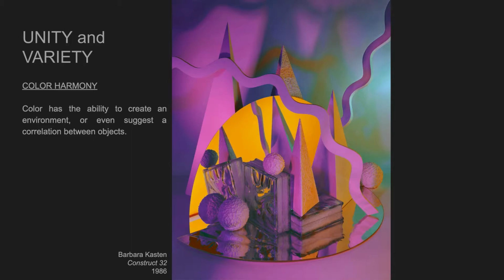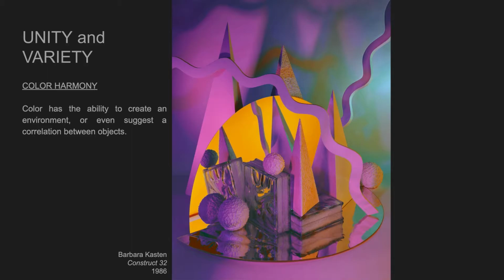In her photographs, she uses light in particular to create lots of colors, lots of interesting lighting. So what are the colors we have here? We have a purpley violet, we have a greenish blue, and we have a golden yellow.